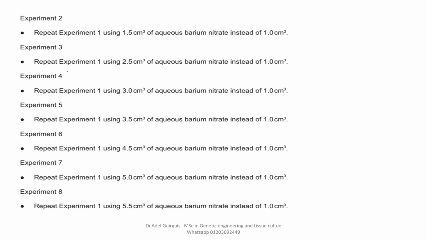So here he changed from 1 to 1.5 of aqueous barium nitrate, then 2.5, and so on till reaching 5.5. So the independent variable in this experiment is the volume of barium nitrate solution.